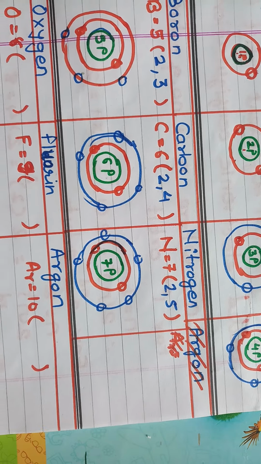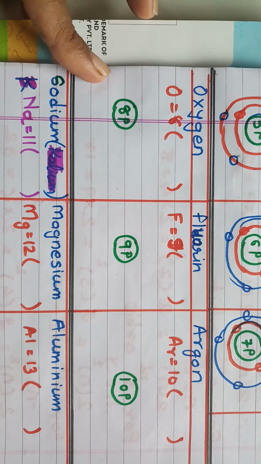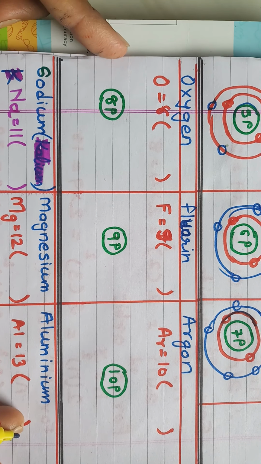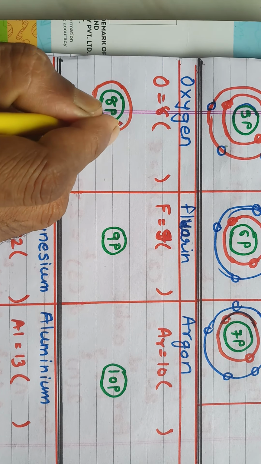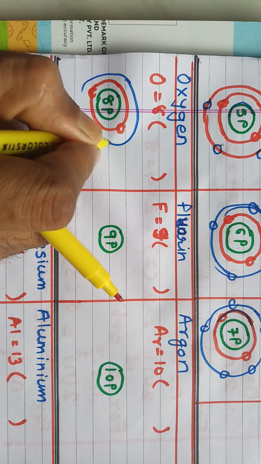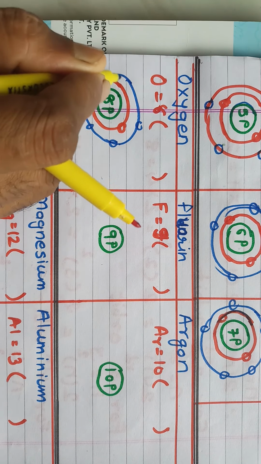Now oxygen has 8 electrons, and there are 8 protons in the nucleus. So in the first orbit 2 electrons, and in the second orbit how many electrons remain? 6. 1 2 3 4 5 and 6.